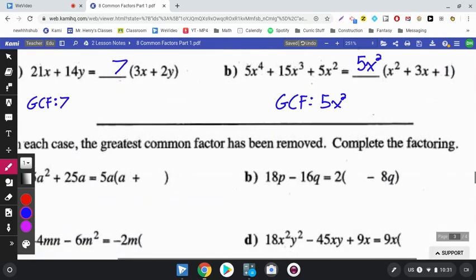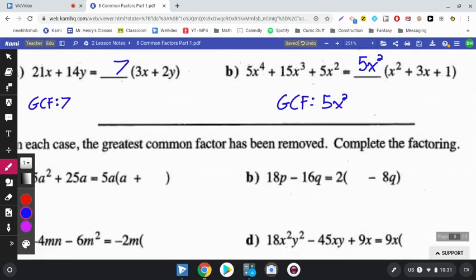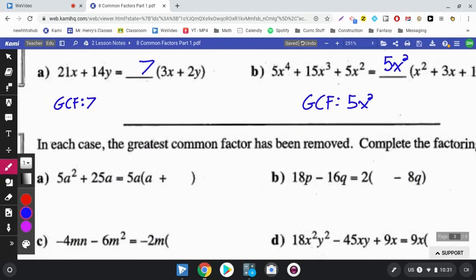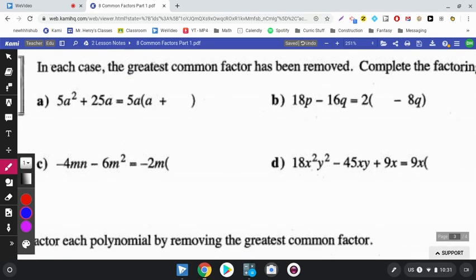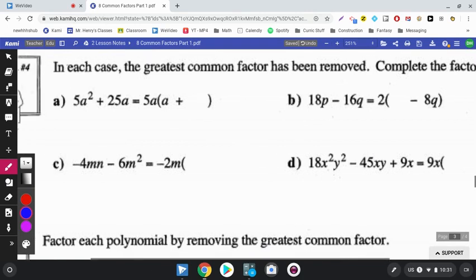Okay, let's move on. Now let's kind of look the other way. Still just filling in the blanks, filling in the puzzle. Okay. I've given you the GCF. I've told you the thing that's removed. And I've even given you some of the pieces, and you're filling in the rest. Okay, so 5a squared plus 25a. There's my polynomial I want to factor.